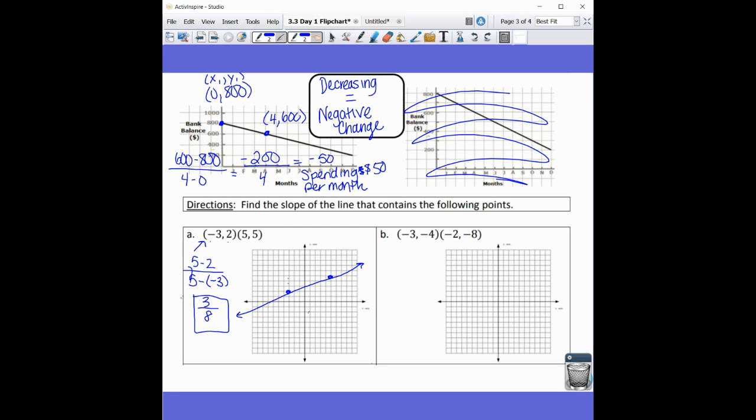Yep. If both are negative, so when you come to do this, go to the left 3, 1, 2, 3, and then down 1, 2, 3, 4. And plot your first point.